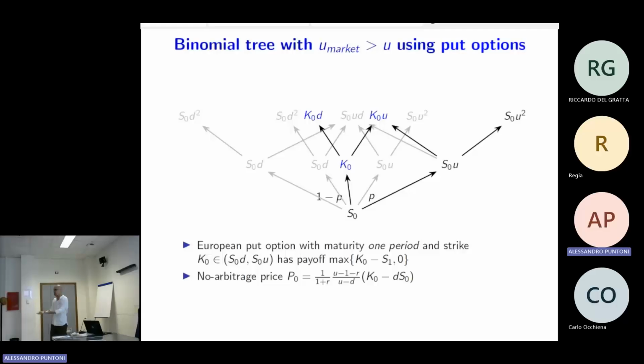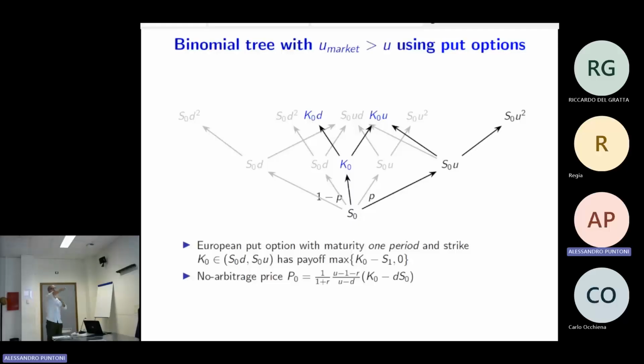An option is a derivative contract that you buy at a given time, for example at time 0, and it gives you the right to sell at time 1 the stock at a given price that you decide, called the strike, when the price of the stock is below this given strike. What is the idea?